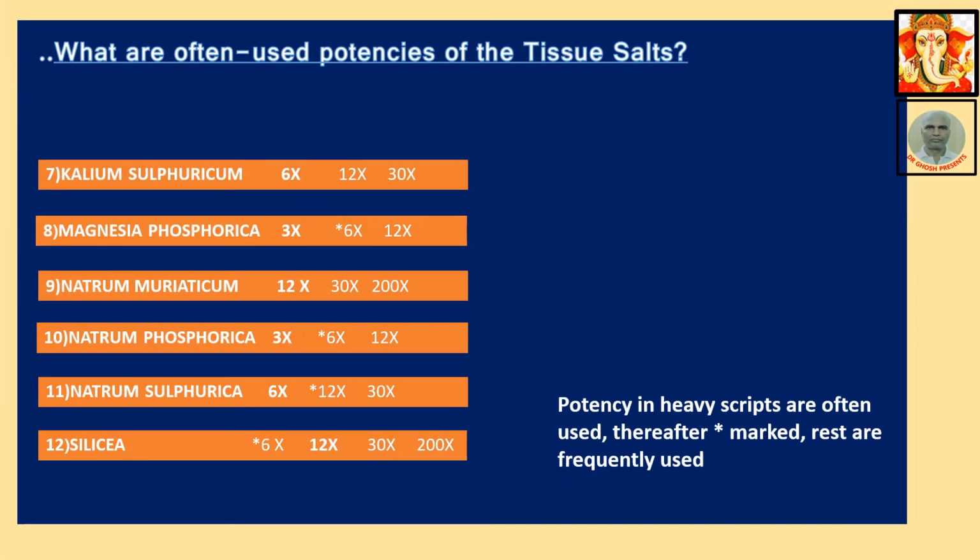It is continuing. Number 7, kalium sulfuricum, magnesia phosphoricum, natrum muriaticum, natrum phosphoricum, natrum sulfuricum, and silicea.